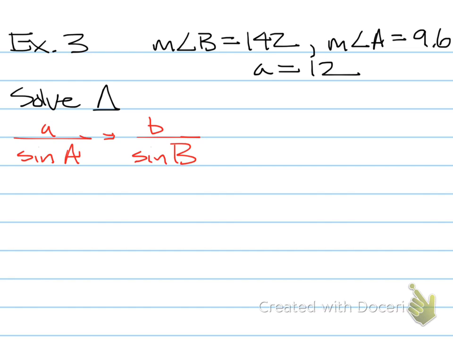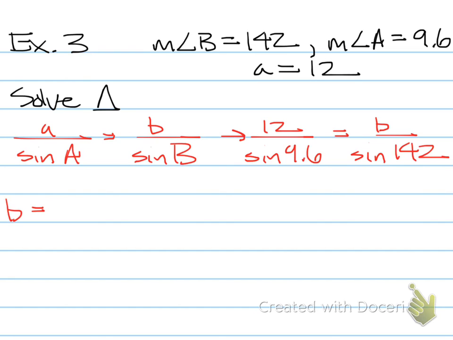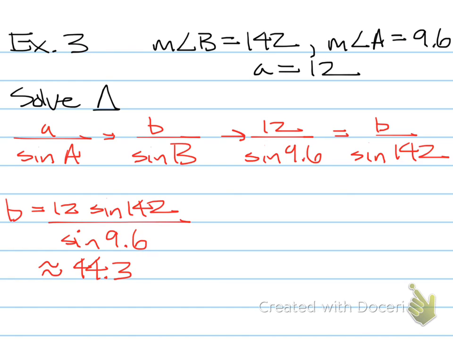Lowercase a over sine of A equals lowercase b over sine of angle B. So we plug in all the values, we'll get the following proportion. We're going to isolate the lowercase b, we'll just multiply both sides by sine of 142. And then when we plug that all into our calculator, we'll get approximately 44.3 as the measure of side b.